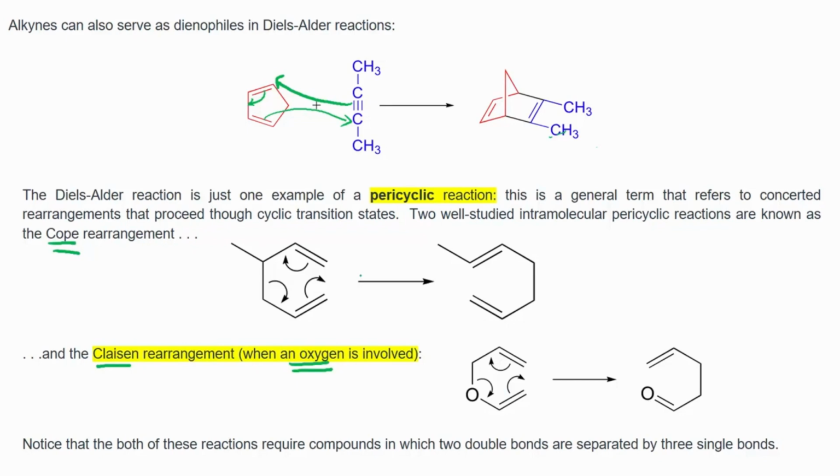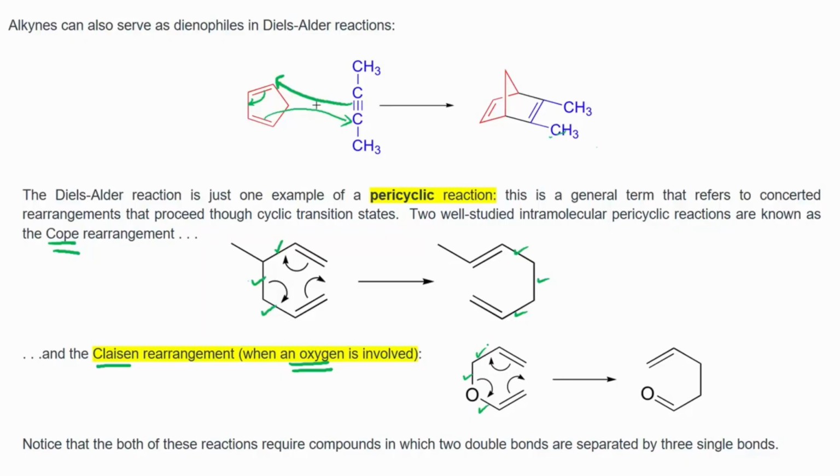Both of these rearrangements require having our 2 double bonds with 3 single bonds between them. So that is what you need to look for before you can decide if there will be a rearrangement. You need double bonds with 3 single bonds between them.